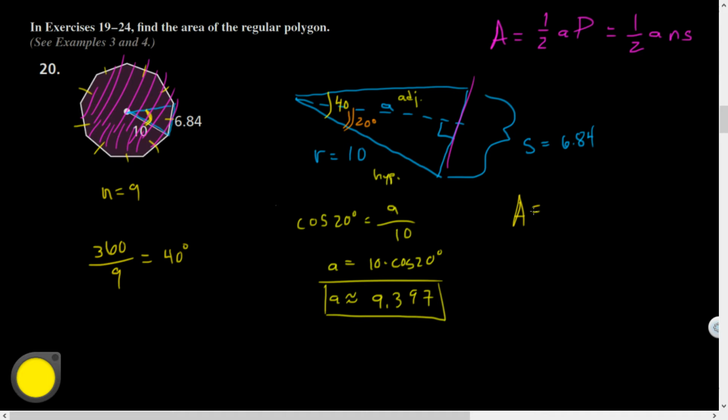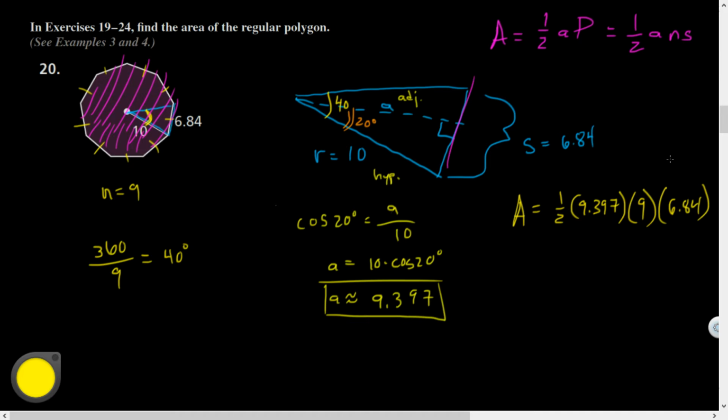So the area is going to equal half the apothem, 9.397, times the number of sides multiplied by the side length, 6.84. So 0.5 times 9.397 times n, 9 times 6.84. Here, just a second.